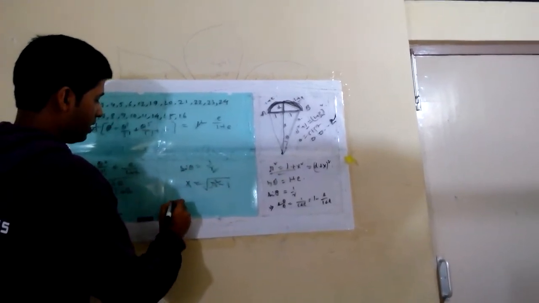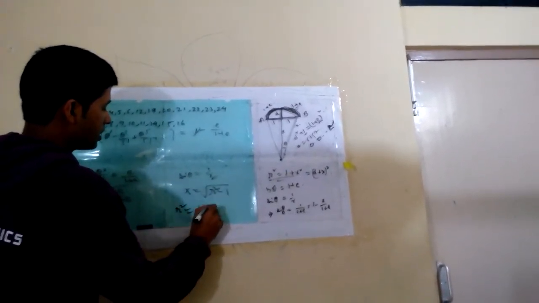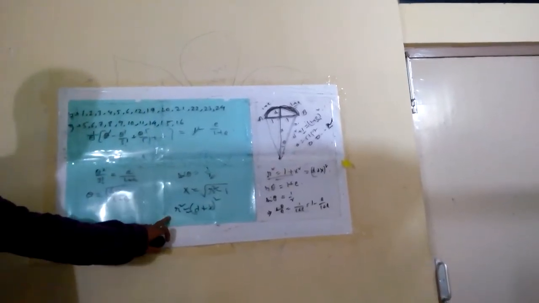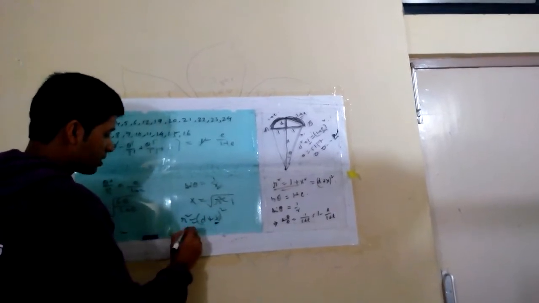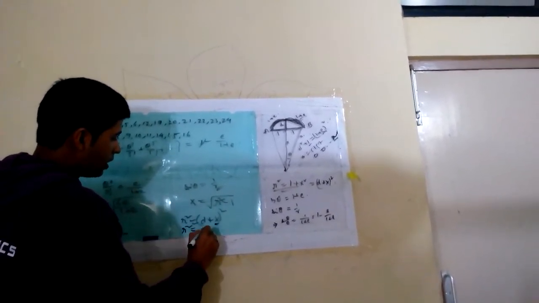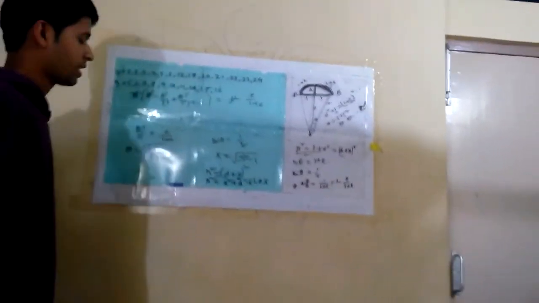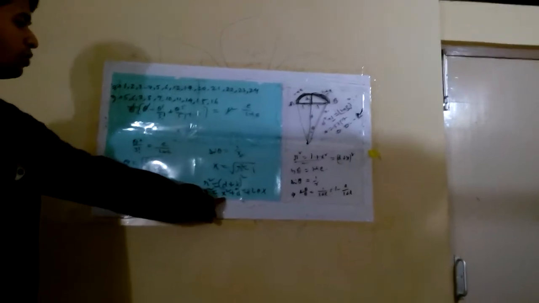We know that r is equal to d plus x, whole square. So r square is equal to x square plus d square plus twice dx. Instead of x you put root of r square minus 1.